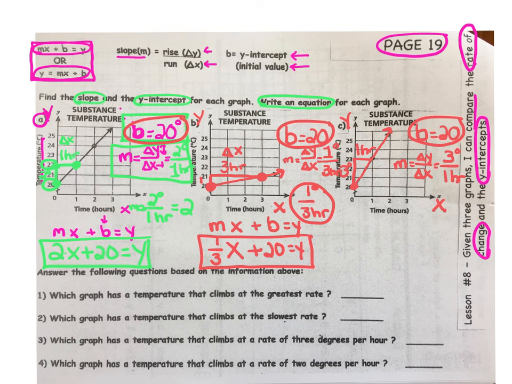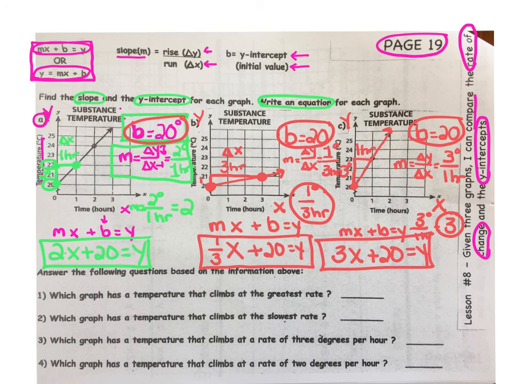So if we reduce 3 over 1, we get 3. That's our coefficient that sits in front of our x. So when we write the equation, we write 3 times x plus 20 equals y. That's the equation for the third graph.